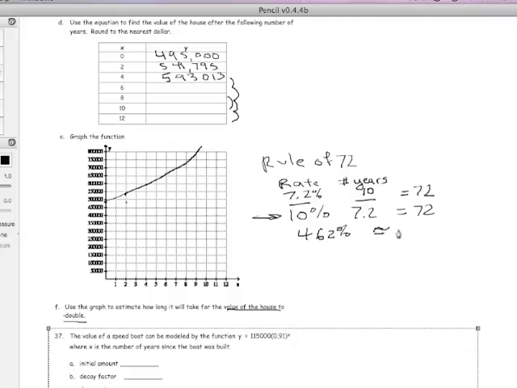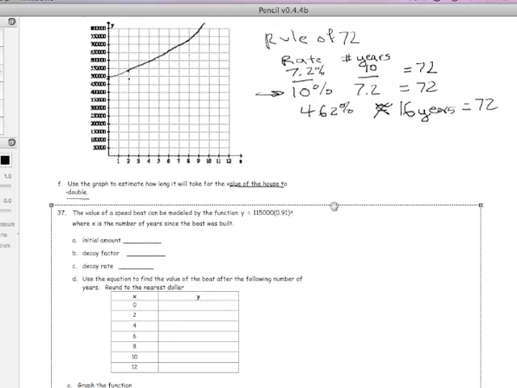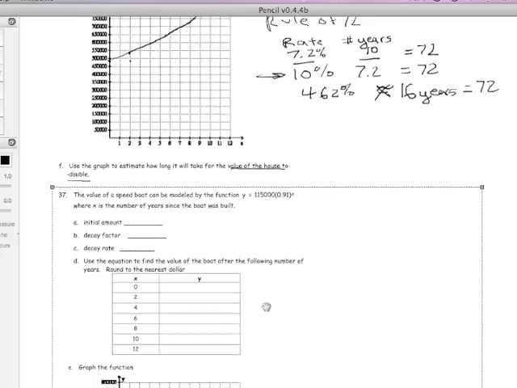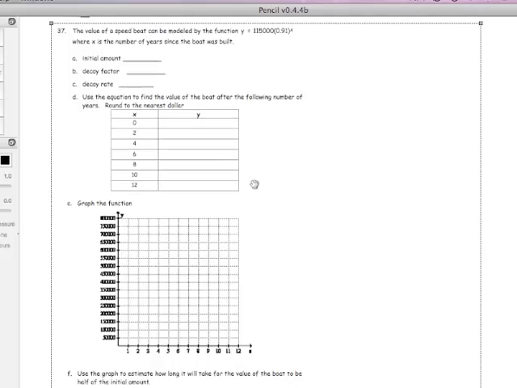So I'm going to say approximately 16 years. Times 16 years, this is equal to 72. You're not going to be able to see it from this graph because this only goes to year 12. This rule of 72 isn't something that you have to memorize, but it's always good to know.